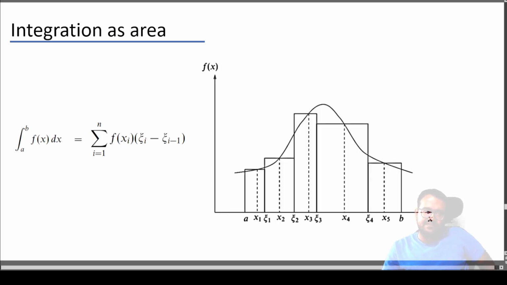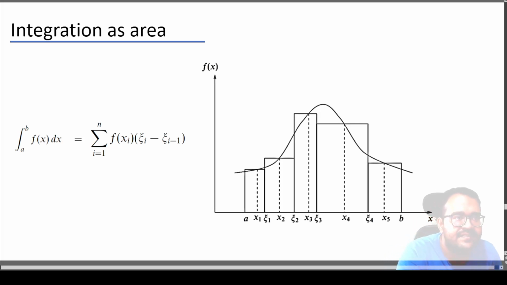Okay guys, if you divide this into small blocks, then your integral from a to b of f(x) dx is the sum over all the small blocks of the height at the middle of that small block times the small block's width.